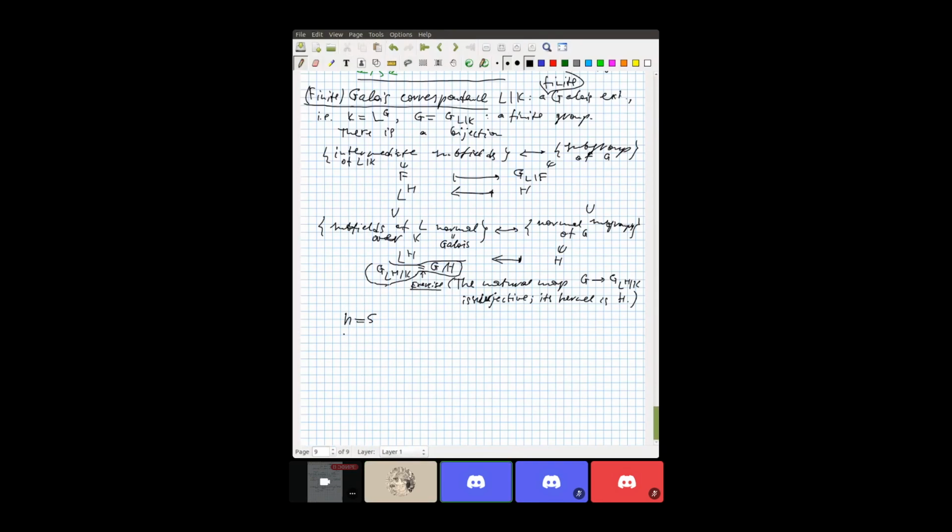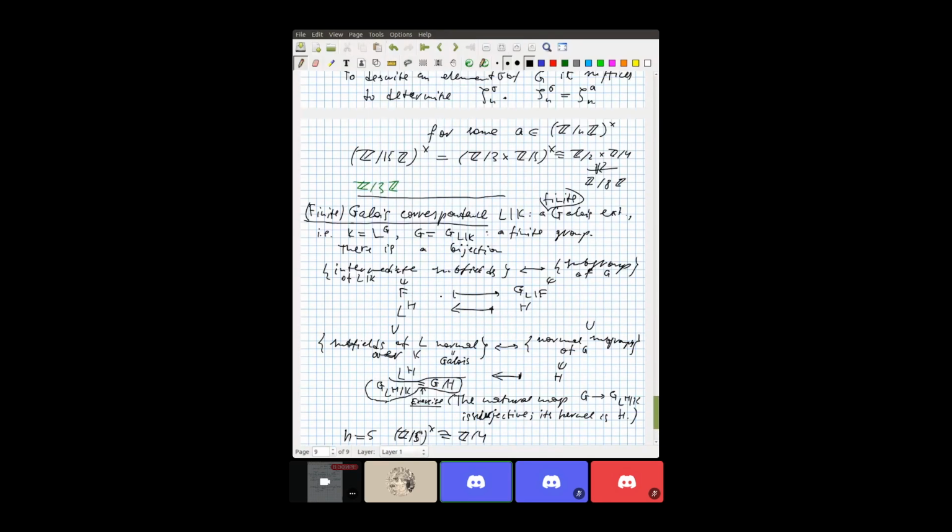I think it's not interesting, because Z mod 5 is just a cyclic group of order 4, and Z mod 8 is, you see, we have to get something which is related to Z mod 3.